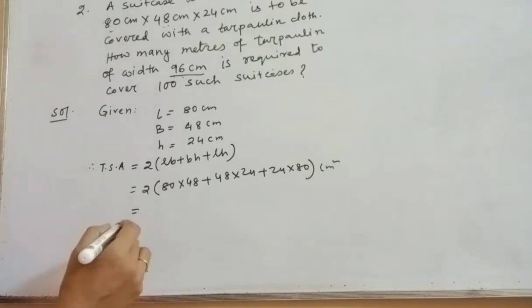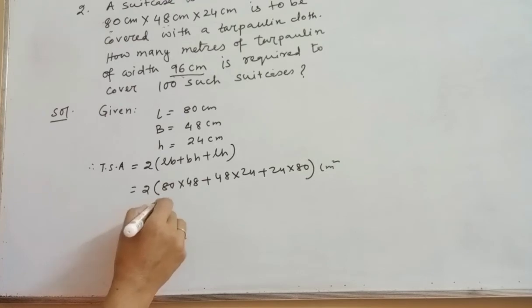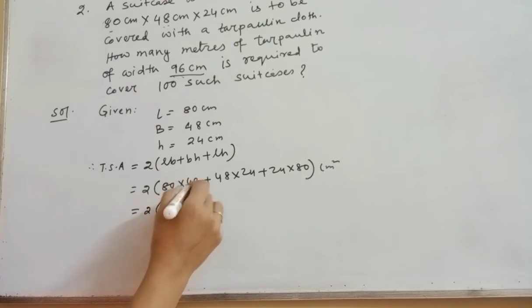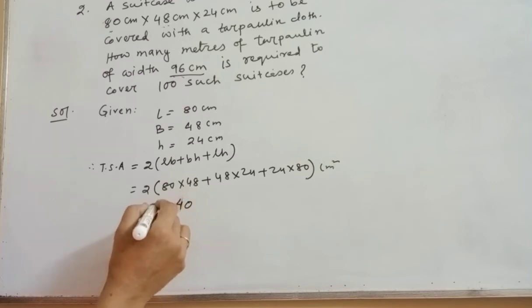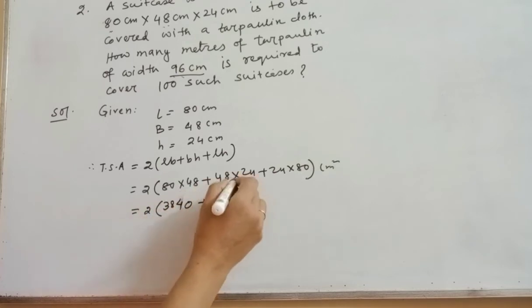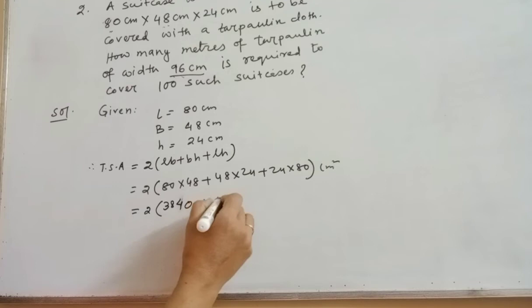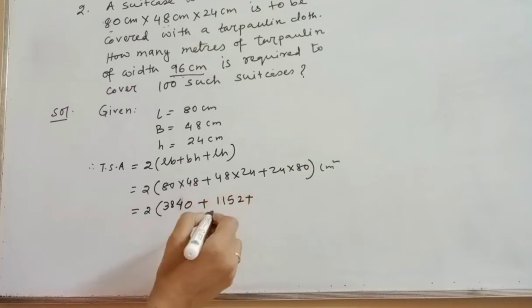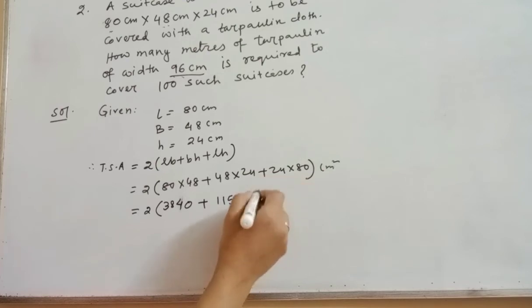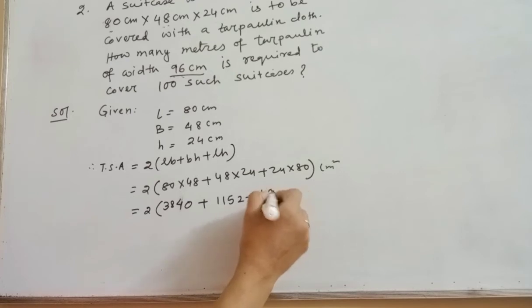Now we are multiplying. 80 into 48, you will get 3840, plus 48 into 24, you will get 1152, plus 24 into 80, you will get 1920 centimeter square.